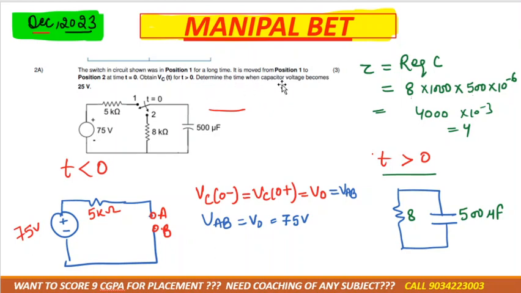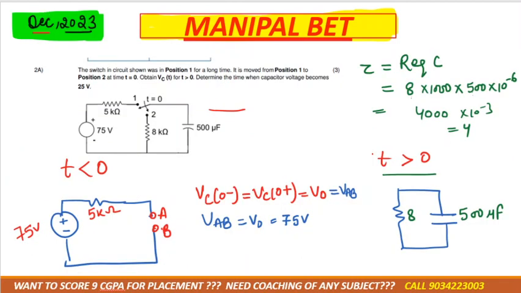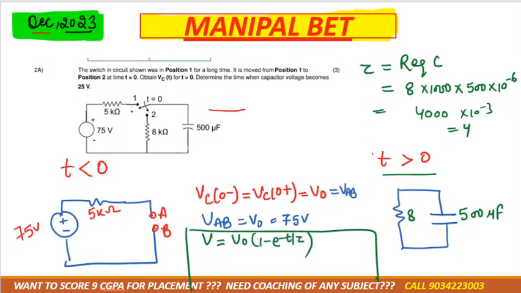Okay, yeah. Now the next one, according to what we have calculated, right? Determine the time at which the capacitor voltage becomes 25 volt. They have given that, and we already calculated tau. Can we get the time from here? I'm writing down the equation: V equal to V times 1 minus e power minus t by tau, correct?